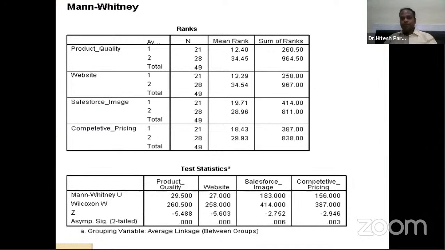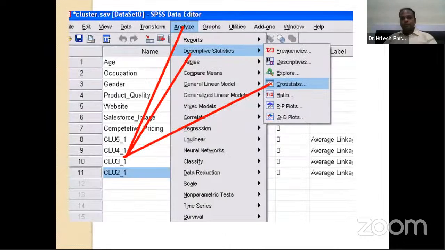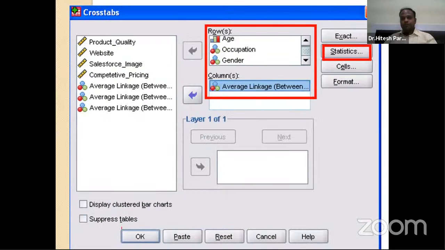Again, moving further, just click on Analyze, Descriptive Statistics and Crosstabs. Once you click there, transfer all demographic profile variables as row variables. And in column, average linkage between 2_1 cluster.